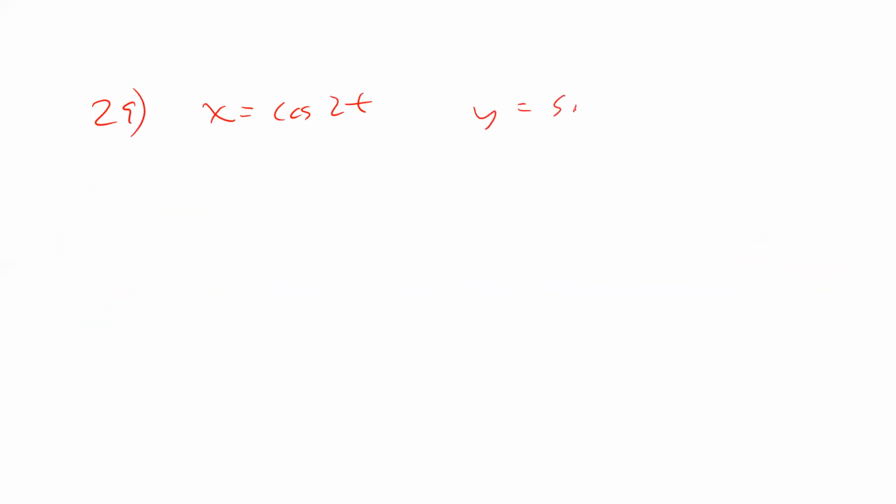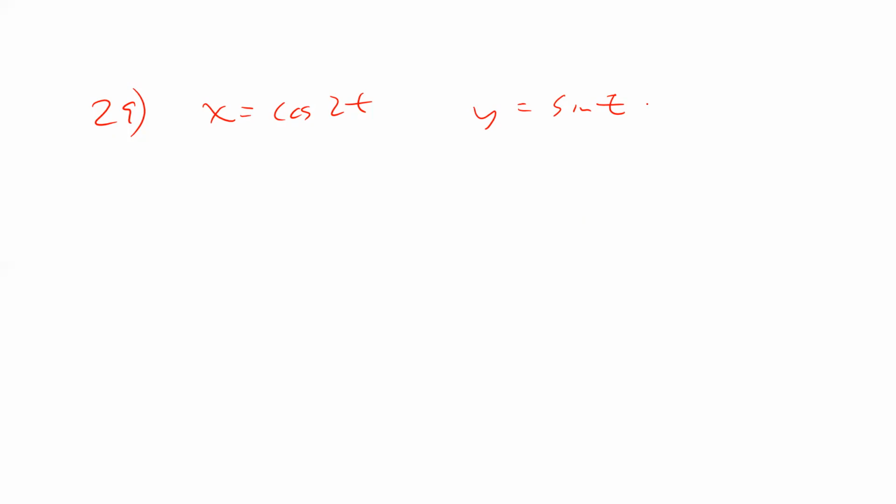So y is equal to sine of t. Let's go with it here. Eliminate the t in each of the following. Oh, this one we solved, we just didn't know why.